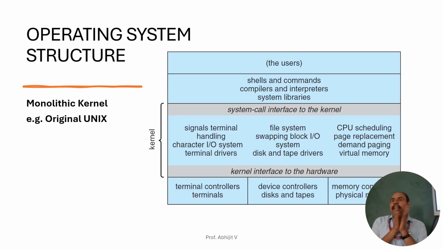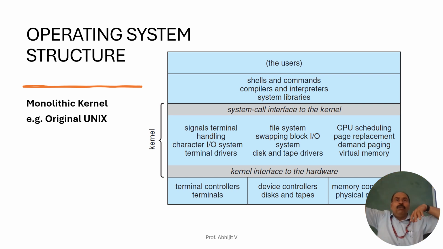So this is a simple diagrammatic representation of a monolithic kernel. We have these controllers, we have a kernel interface to the hardware, we have signals. All these things are controlled by a single system called the interface. See, the kernel, I told you, is the central part of your operating system. It connects the hardware and the operating system, right?